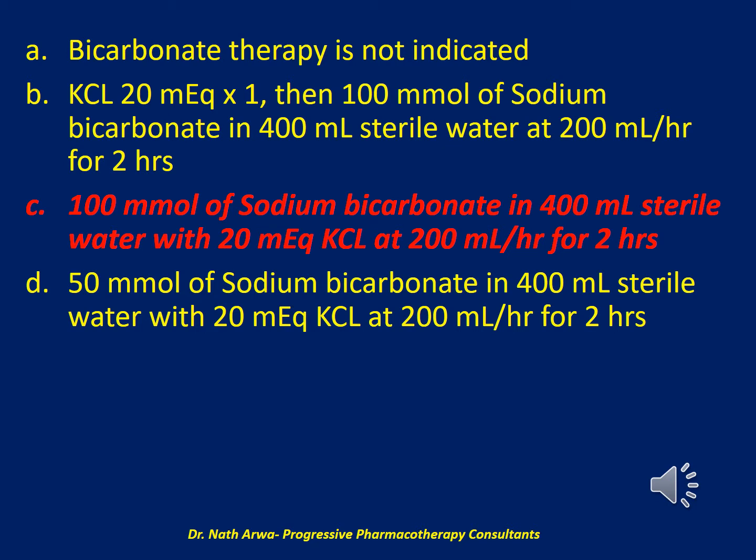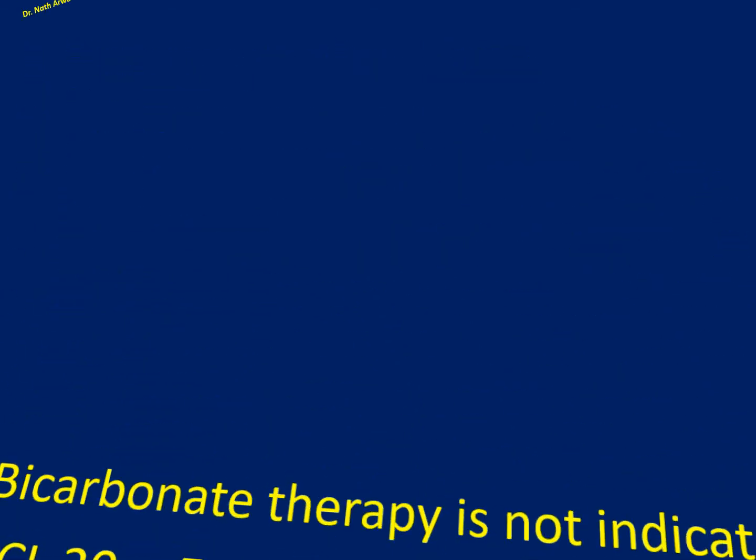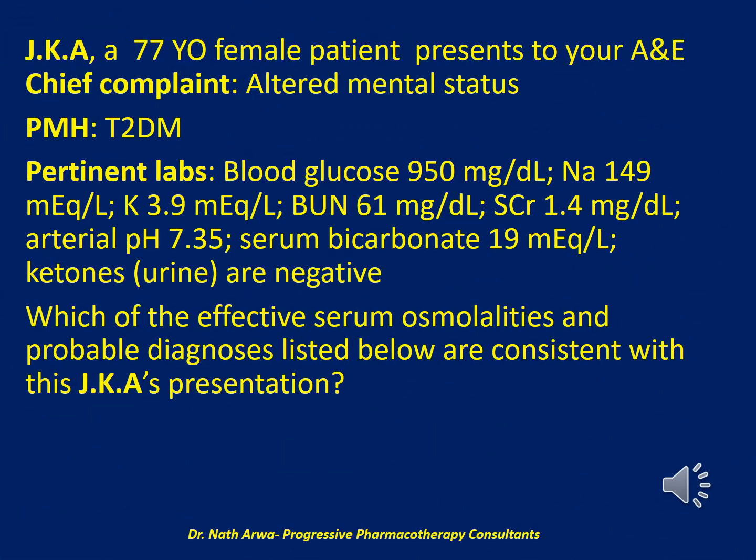Please advance to the next question. And the next question reads, JKA, a 77-year-old female patient presents to your accident and emergency department with a chief complaint of altered mental status. She has a past medical history significant for type 2 diabetes mellitus.